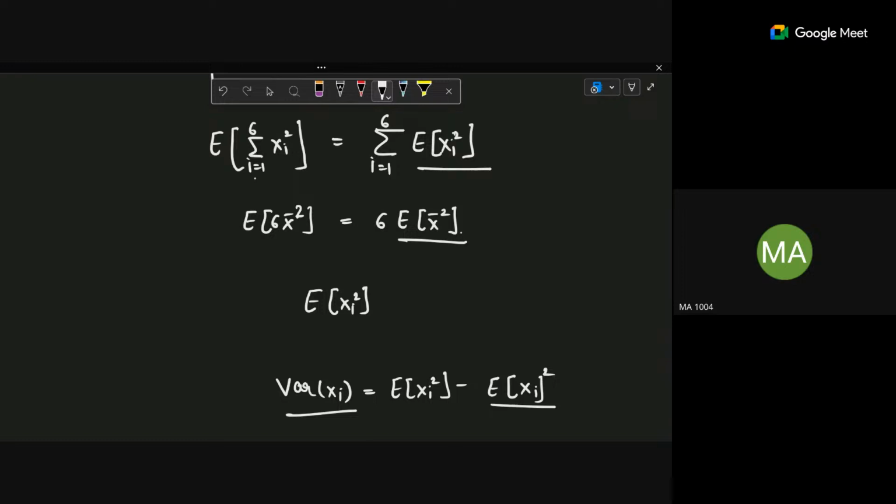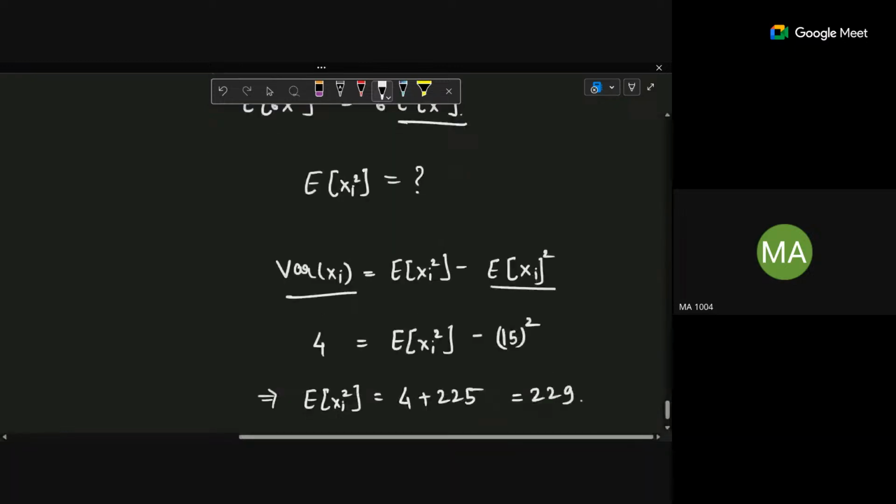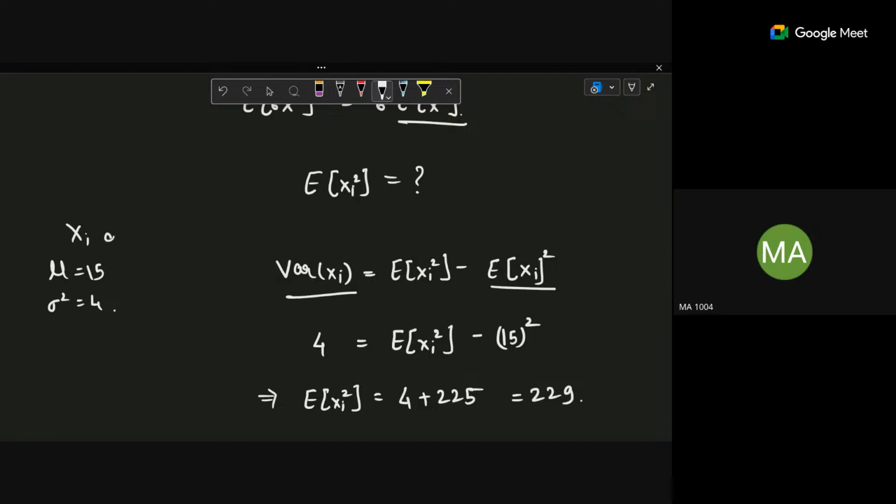By the variance formula, we know that we are given expectation of xi is 15 and variance of xi is 4, because mu is 15 and sigma square is 4. And our xi's are IID samples, so I can use this mean and variance for them. That's why I used 4 here and 15 here.